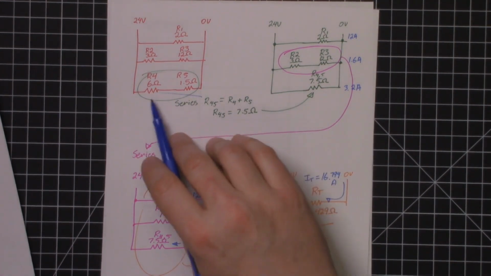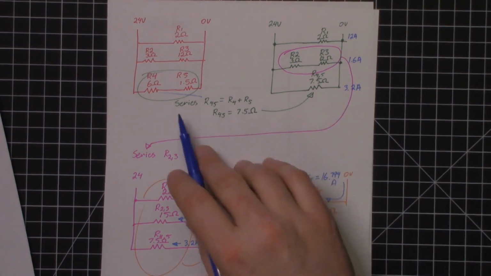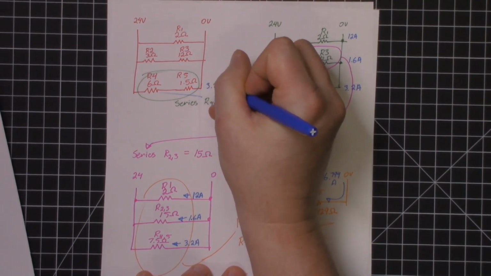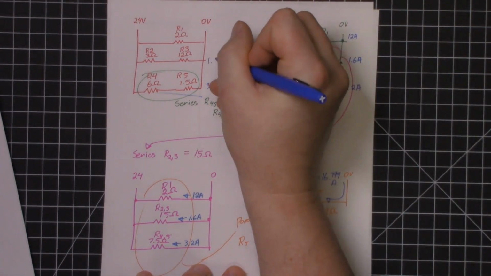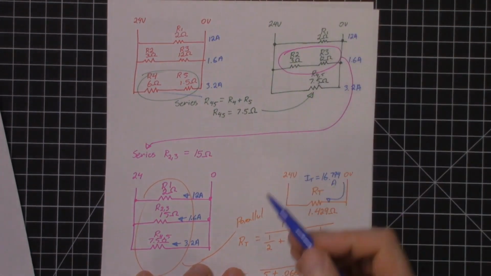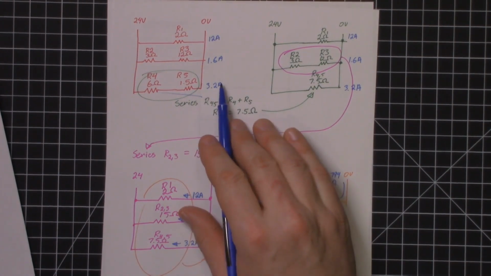Likewise over here, these two are in series, they're going to have that same 3.2 amps running through them. So we can move all this information forward: 3.2 amps, 1.6 amps, and 12 amps. And from there, we can figure out what their voltages are going to be.